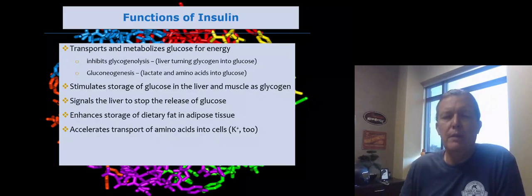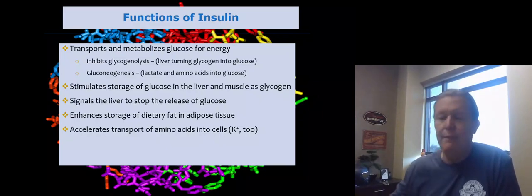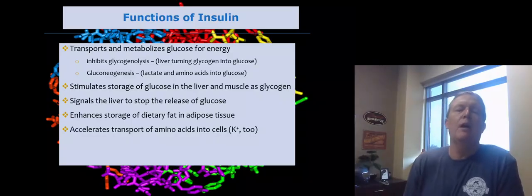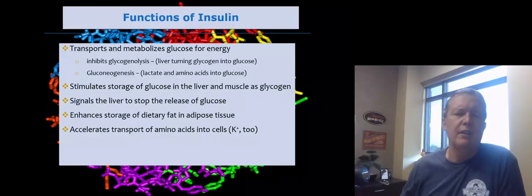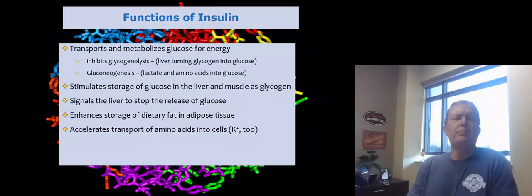So when we are between meals for a sufficient amount of time, the liver will supplement our glucose needs by initiating glycogenolysis and gluconeogenesis, and both glycogen and glucagon facilitate this process.